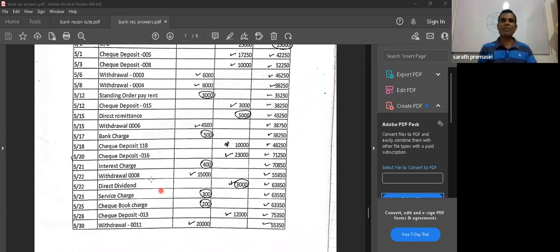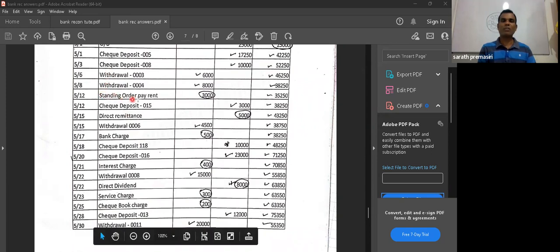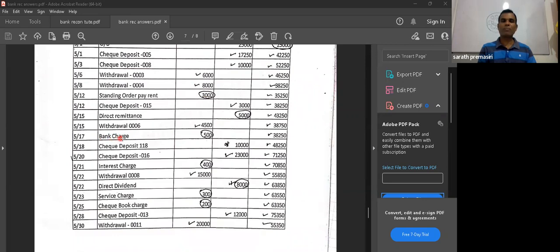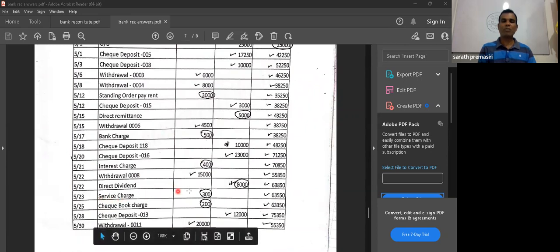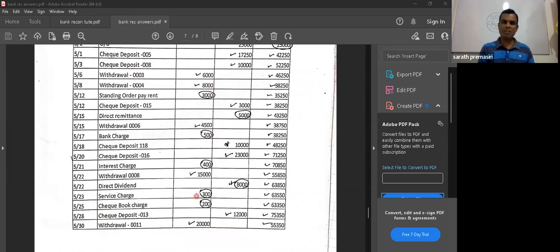We can write them as unrecorded standing order payment of rent, unrecorded bank charges, unrecorded interest charges, unrecorded service charges, unrecorded checkbook charges. Understand? All these are unrecorded in the cash payment journal, so they can be named as unrecorded.